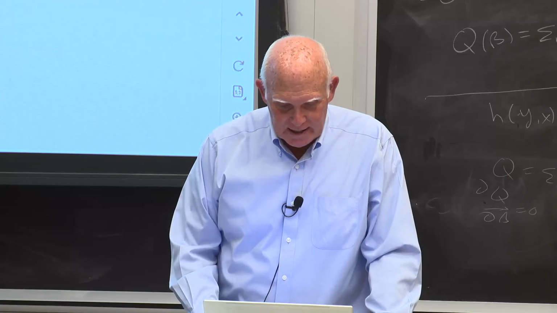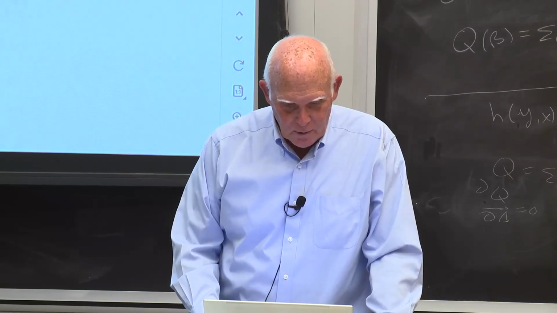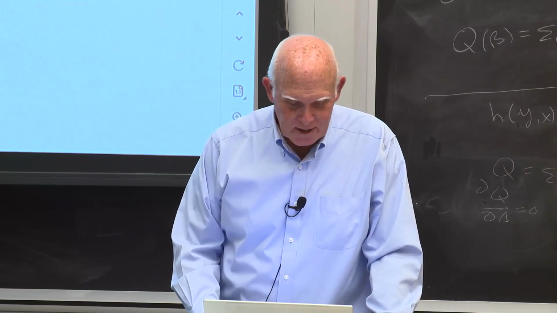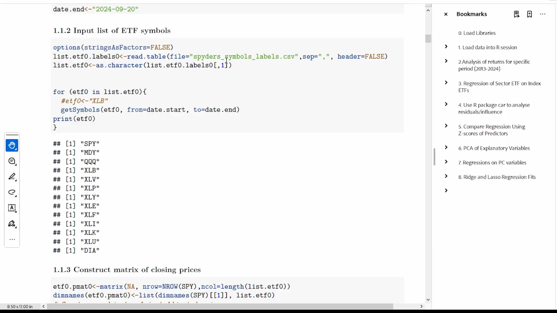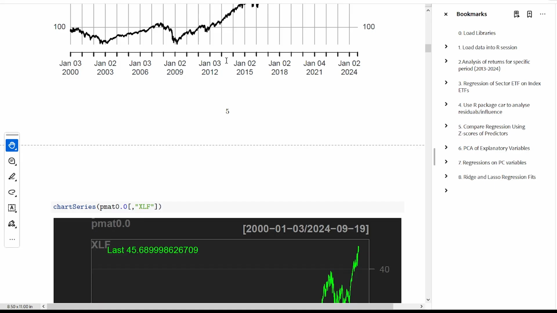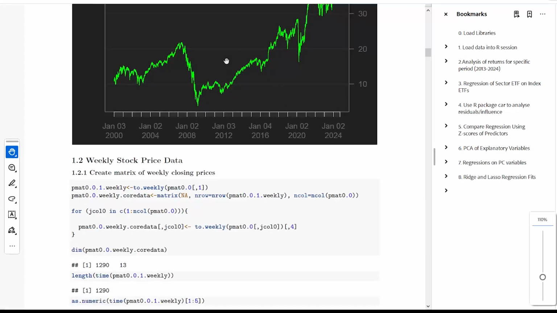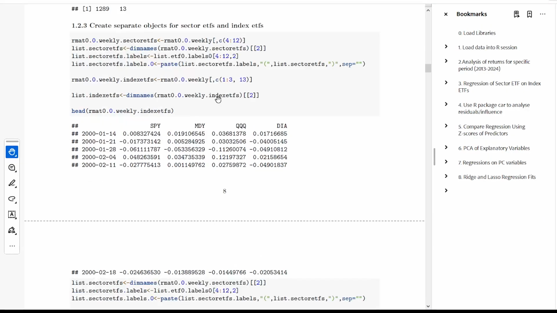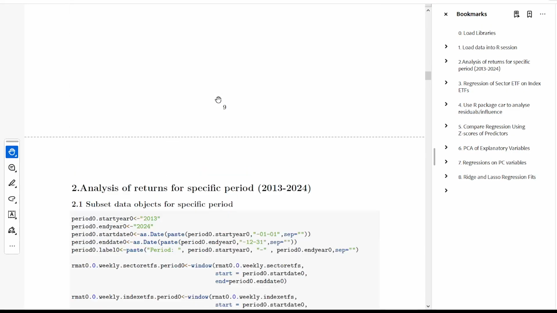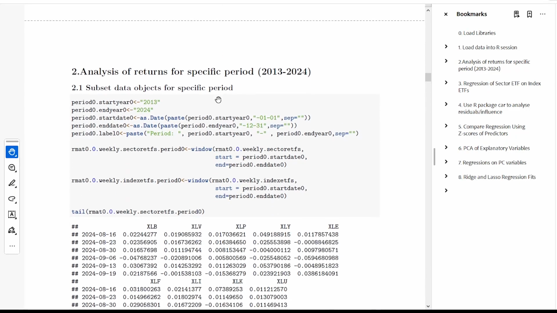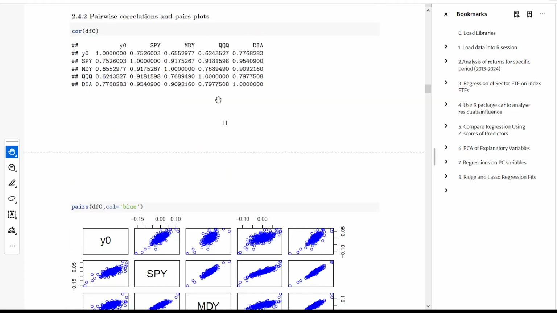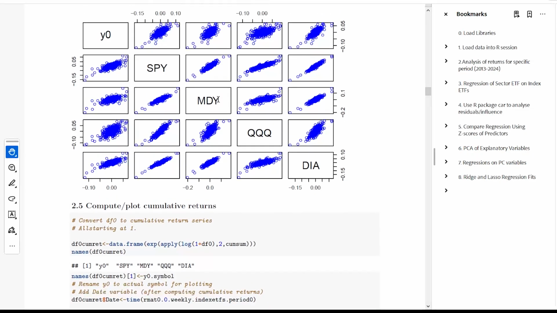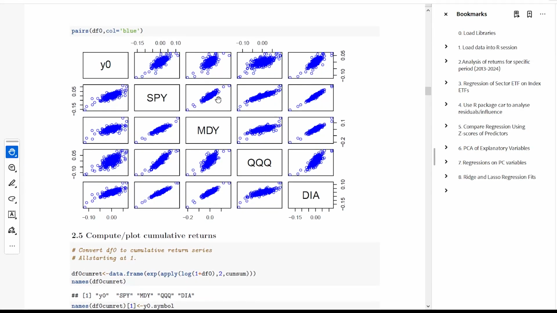Well, let me just go through here. This document goes through listing the symbols for all of these different ETFs, plotting them, and then converting the prices to weekly returns, and looking at how they're correlated with each other.